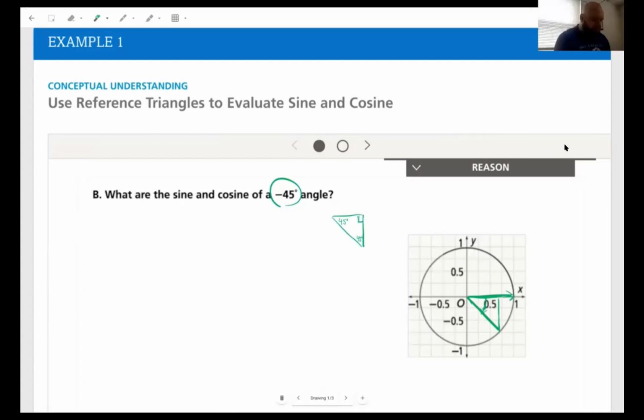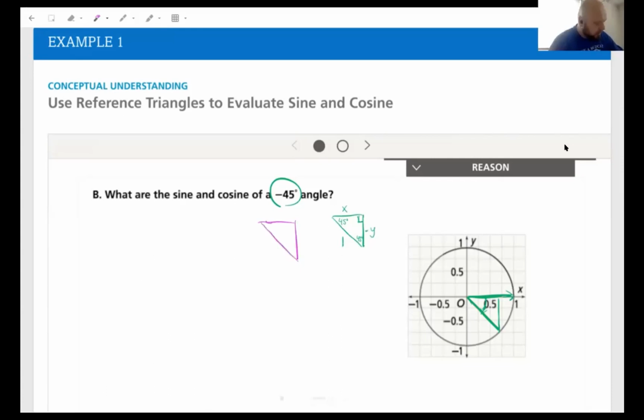So we want to find the sine and the cosine. Remember that your hypotenuse is 1, that this is your y value, this is your x value. And because we're in quadrant 4, realize that our x values are always going to be positive and our y values are going to be negative. So I'm going to draw another 45, 45, 90 triangle with my relationships on it that I know.